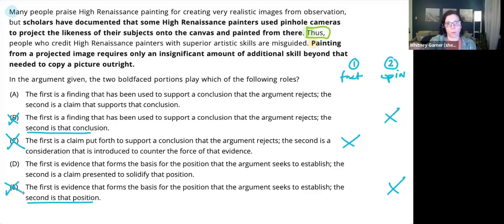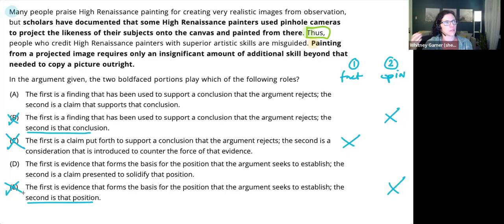So it looks like the second bold is the same in both of these answer choices. The second is a claim that supports a conclusion. The second is a claim presented to solidify that position or conclusion. And so what I've got to figure out is whether the first is a finding used to support a conclusion that the argument rejects, or is the first evidence that forms the basis for what the argument agrees with?